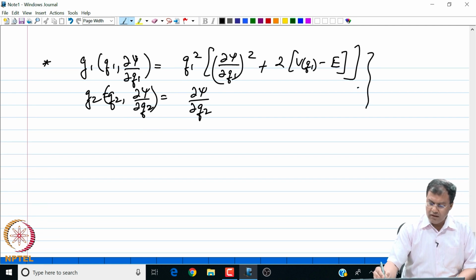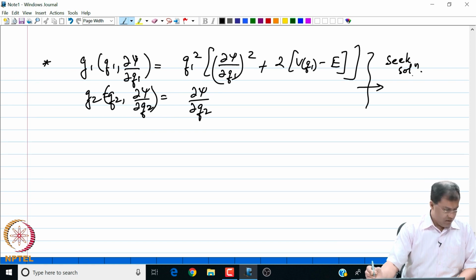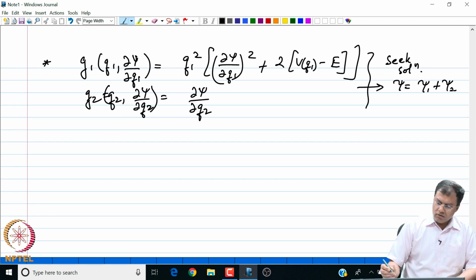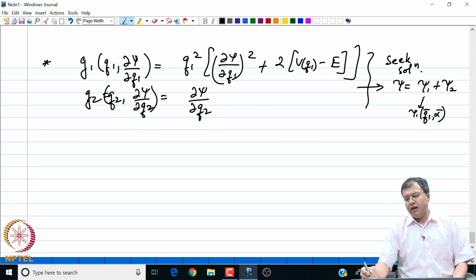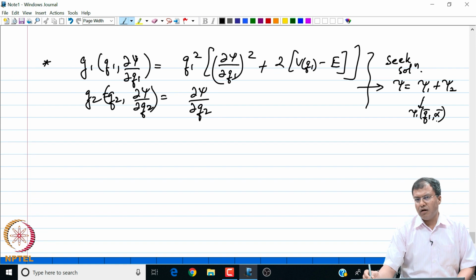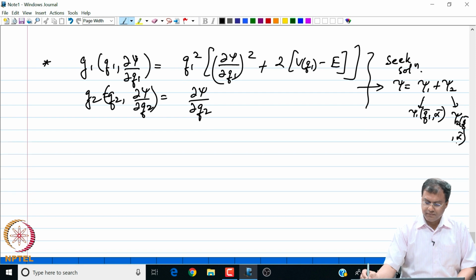So, what we do is we seek solutions of the form psi is equal to psi 1 plus psi 2, right. So, psi 1 is a function of q1 comma alpha. Alpha typically denotes constants or functions of capital Q, which is the generalized coordinate, right, and psi 2 is a function of q2 comma alpha.